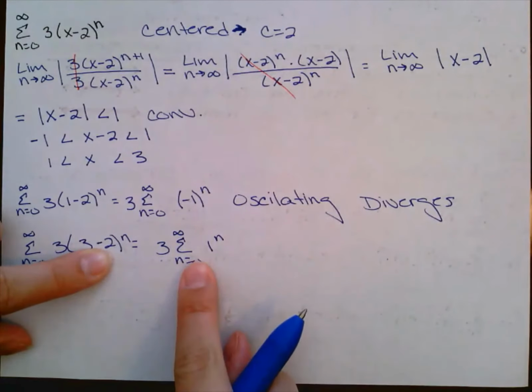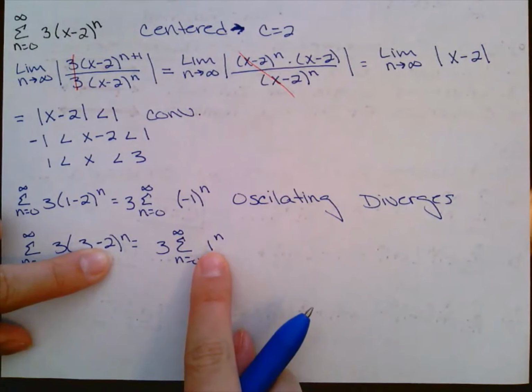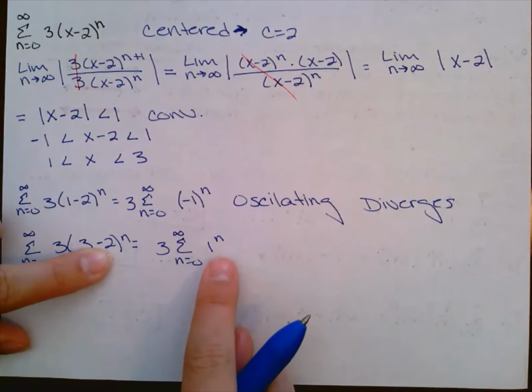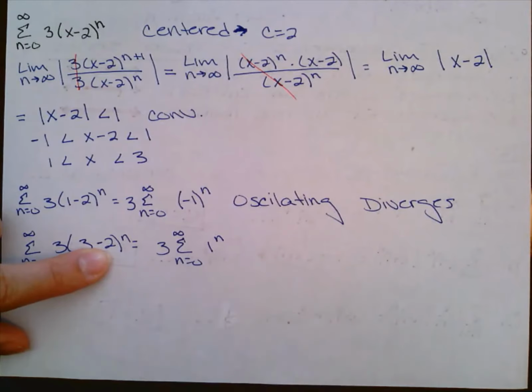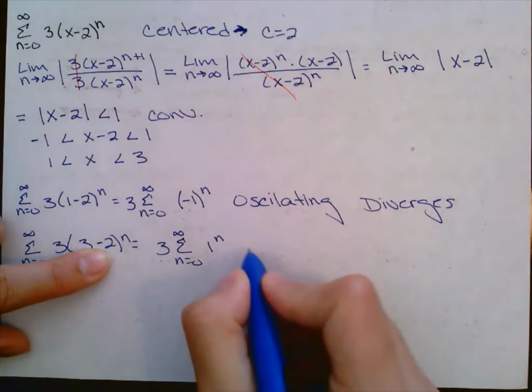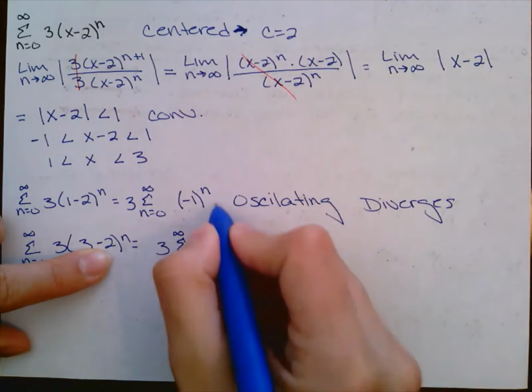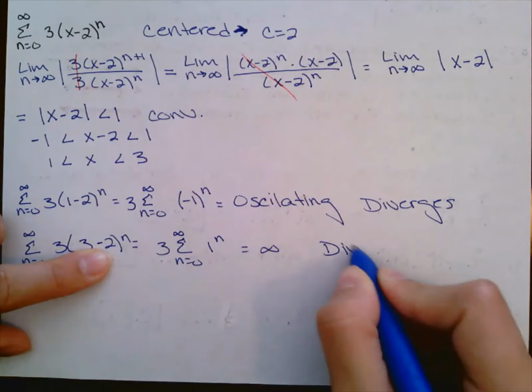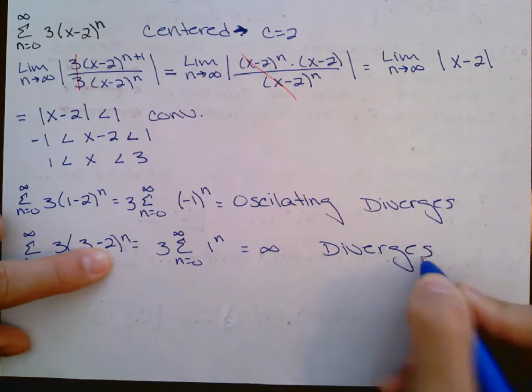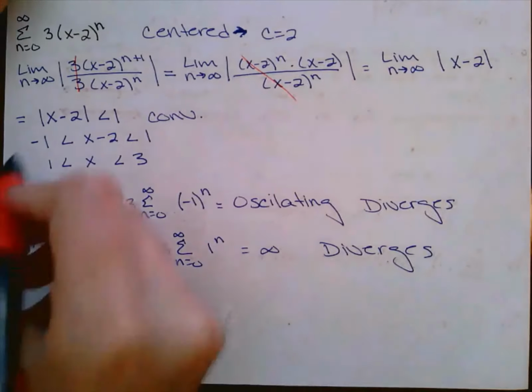So that means this series is just going to be a 1 every single time. So 1 plus 1 plus 1 plus 1, or multiplying it by 3 is 3 plus 3 plus 3 plus 3, goes on and equals infinity, which means that it diverges as well. Okay, so in that case, I do not include the 1 or the 3.